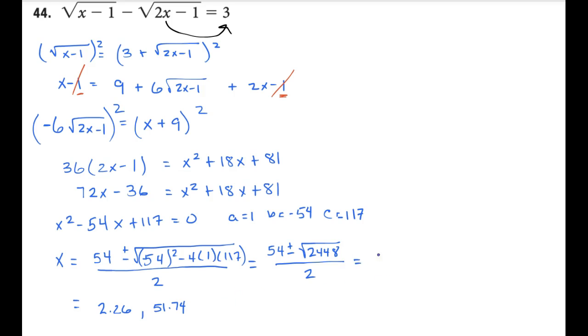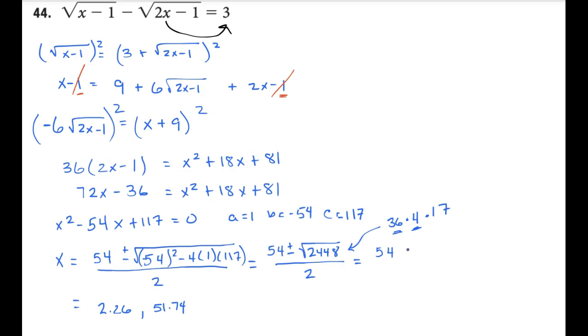If you were supposed to leave it in this format, you're going to get that 2448 is 36 times 68, and 68 breaks down to 4 times 17. Remember to look for perfect squares, and that's where knowing your perfect squares or having them written down and sitting right in front of you while you're working really helps. So look for those factors in a number, and you end up with 36 is a perfect square and 4 is a perfect square.